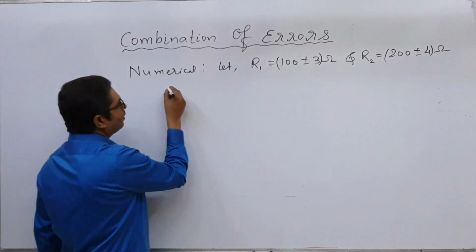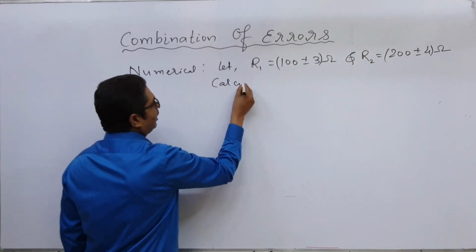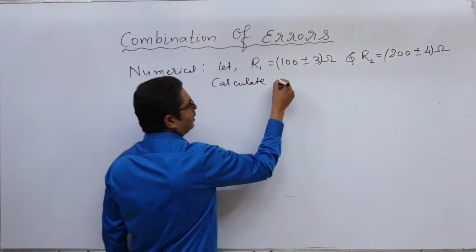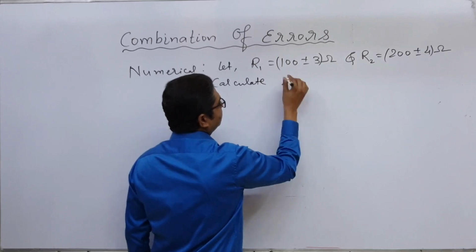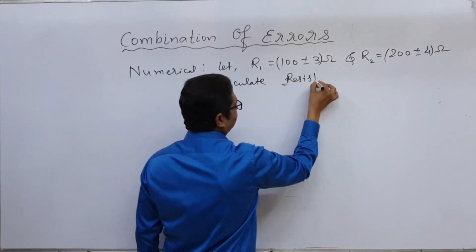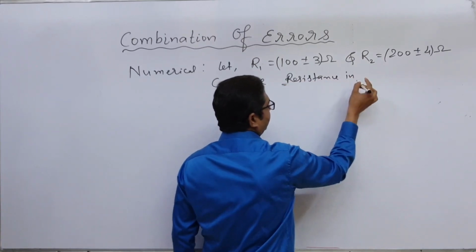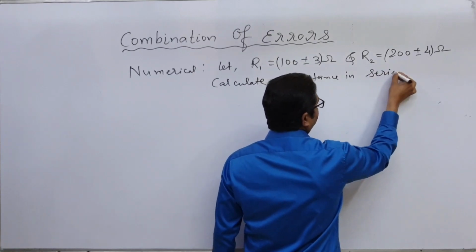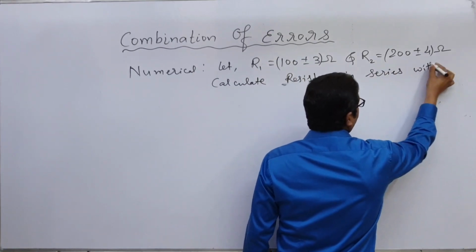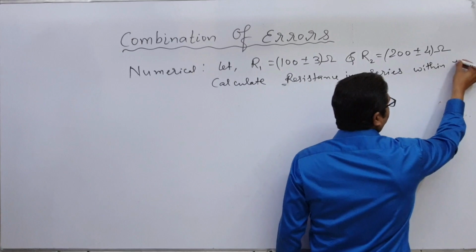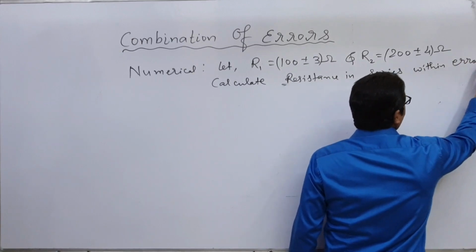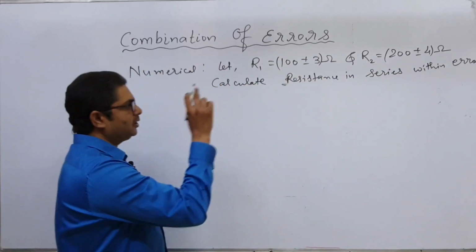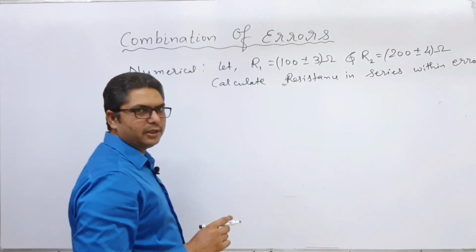Calculate resistance in series with error. Suppose this is the question, then how will you calculate this?